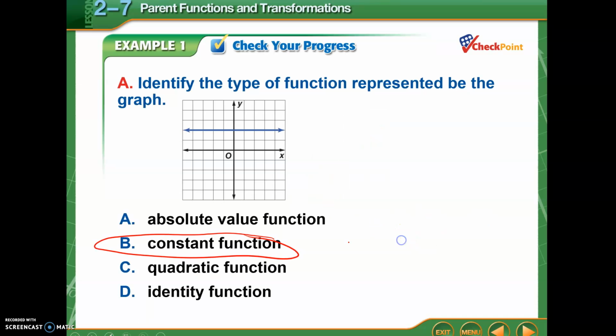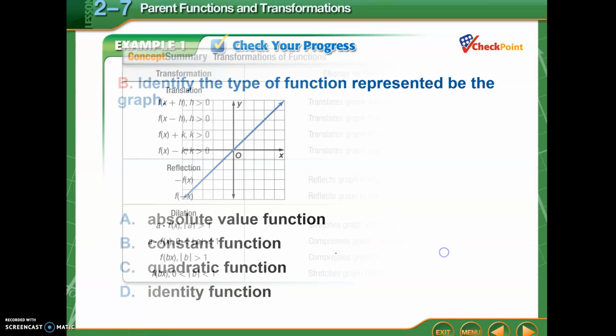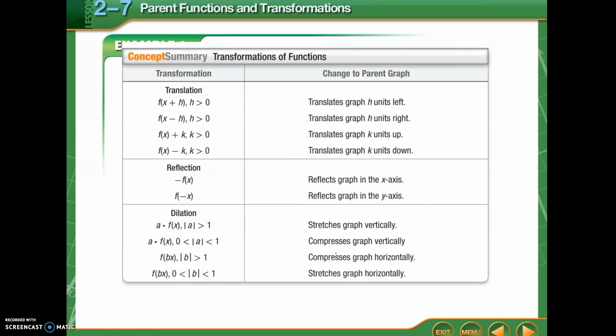So very basic today, you have to know the types, and then we're going to look at putting them through transformations. When I have a number inside with the x, if it's a positive number inside there, it moves it that many units to the left.